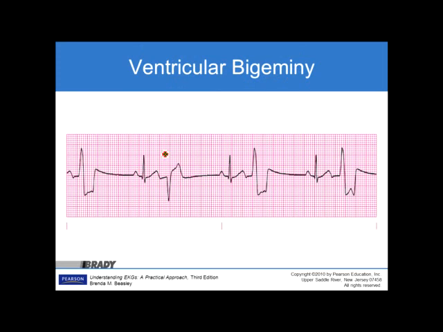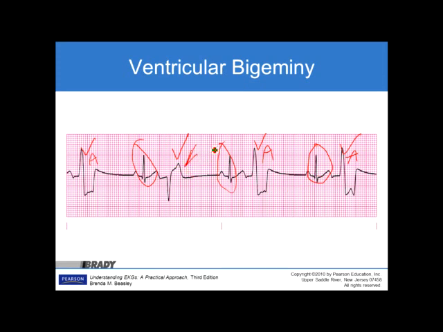This is ventricular bigeminy. The reason it's bigeminy is we have a normal beat here, and then we have a PVC. Normal beat, PVC, normal beat, PVC, and PVC up here. Now, each one of these, A, and A, all came from about the same location.